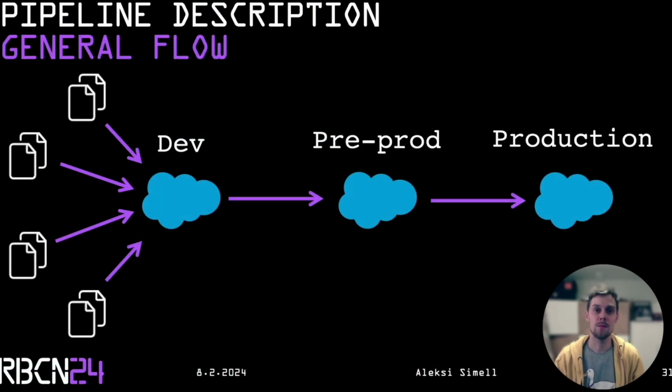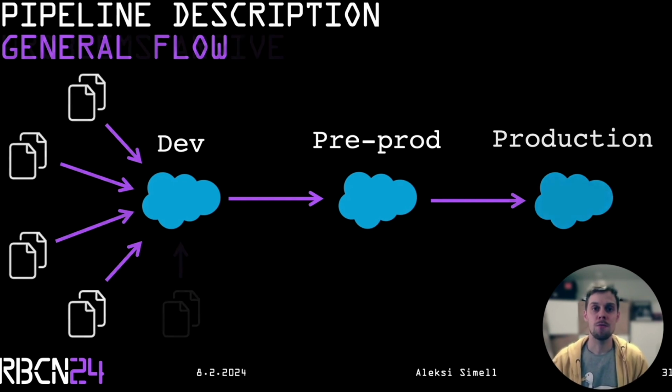The general flow of the pipeline was as follows. Developers made some changes in their development environments. Then we would deploy those changes to pre-production and other testing environments, and finally to production. Now, typically this worked just fine, as with the embedded systems project, until one specific change.